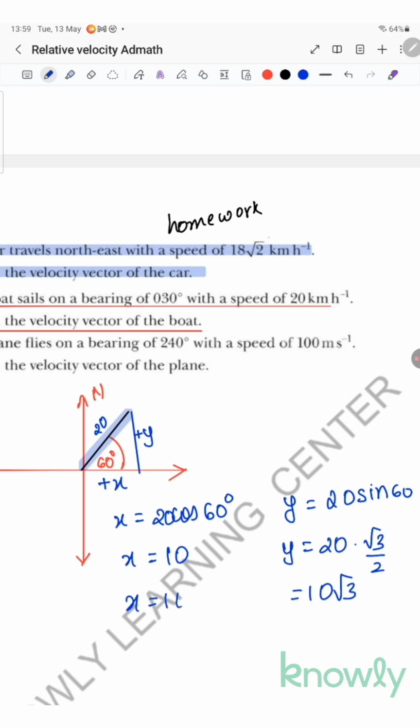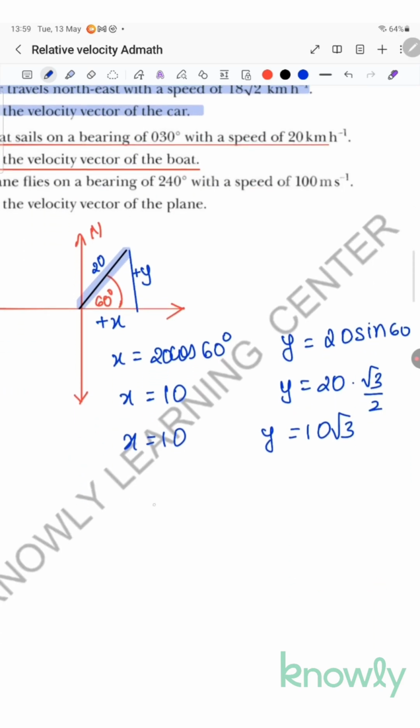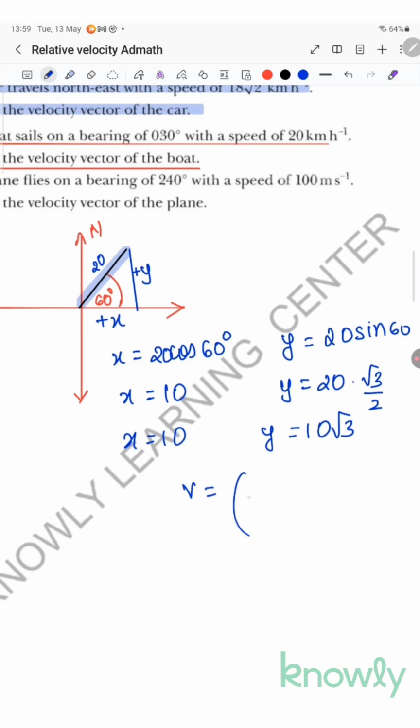So x equals 10 and y equals 10 root 3. So the velocity vector is 10 comma 10 root 3.